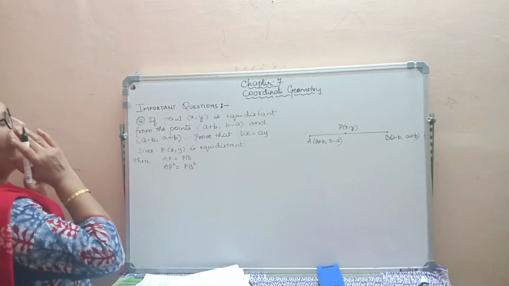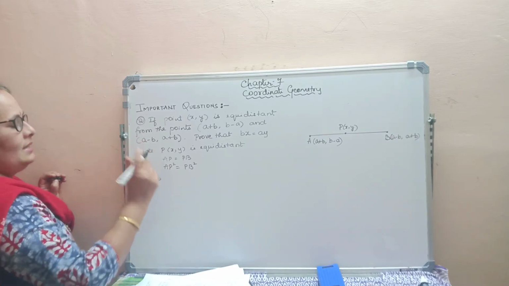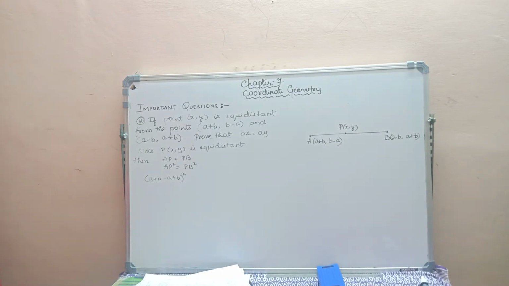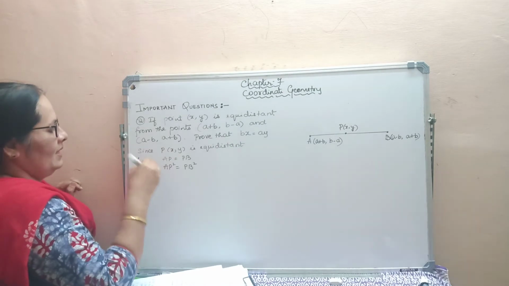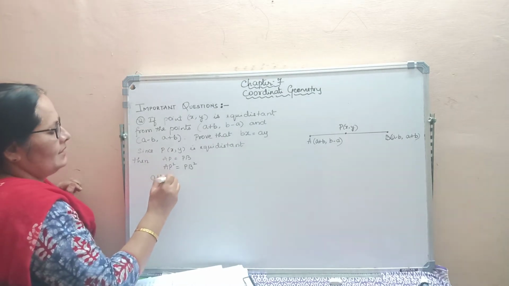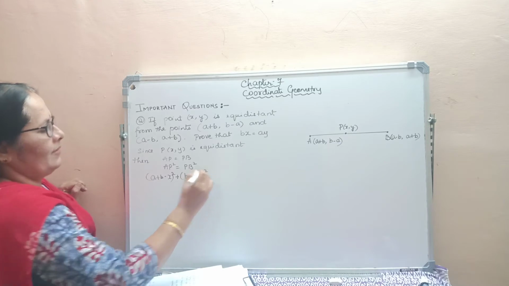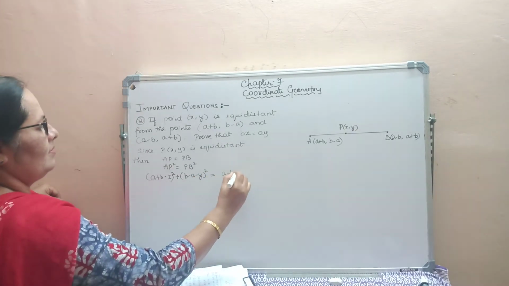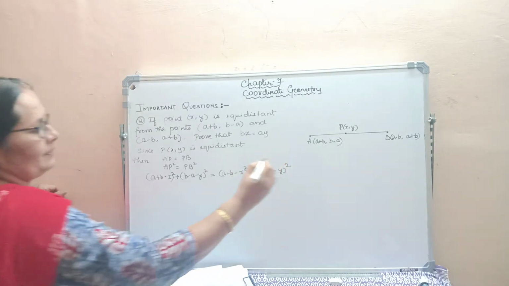So using the distance formula, AP square, that is a plus b minus x whole square plus b minus a minus y whole square equals a minus b minus x whole square plus a plus b minus y whole square.